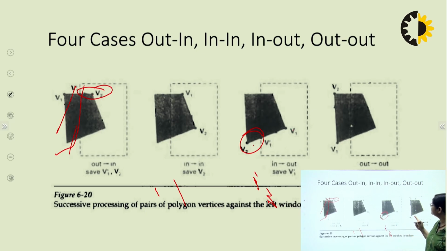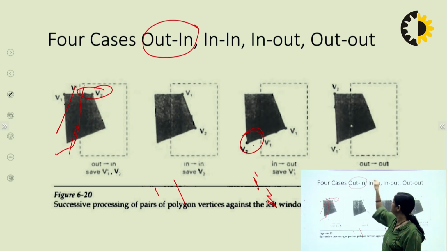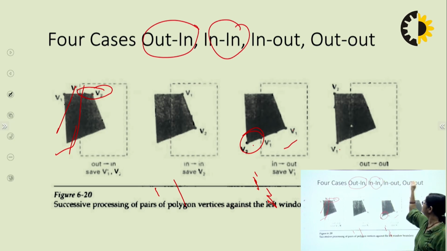Here V1 and V2, both the endpoints of this line segment, are out. So that is out. That is what we are going to discuss further, that we are working on this principle. There are 4 cases that you have to keep in mind: out in, in, in out, and out.